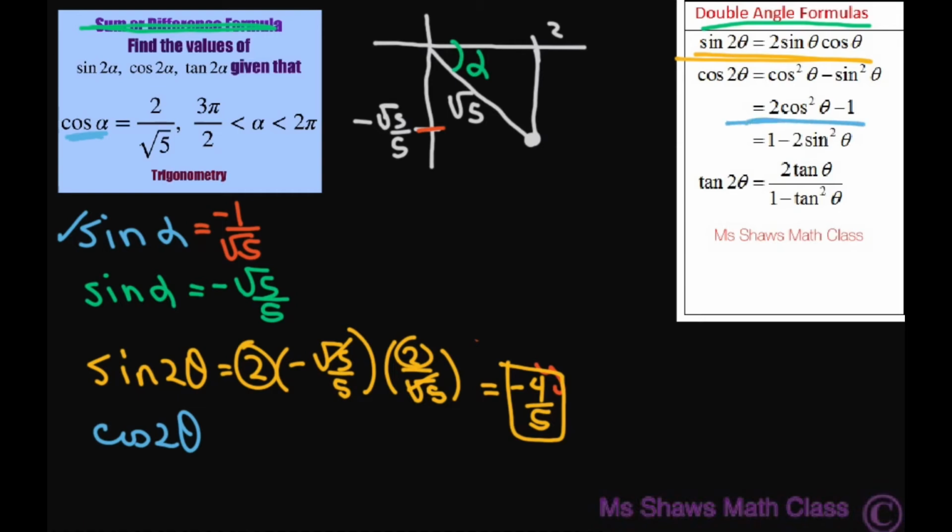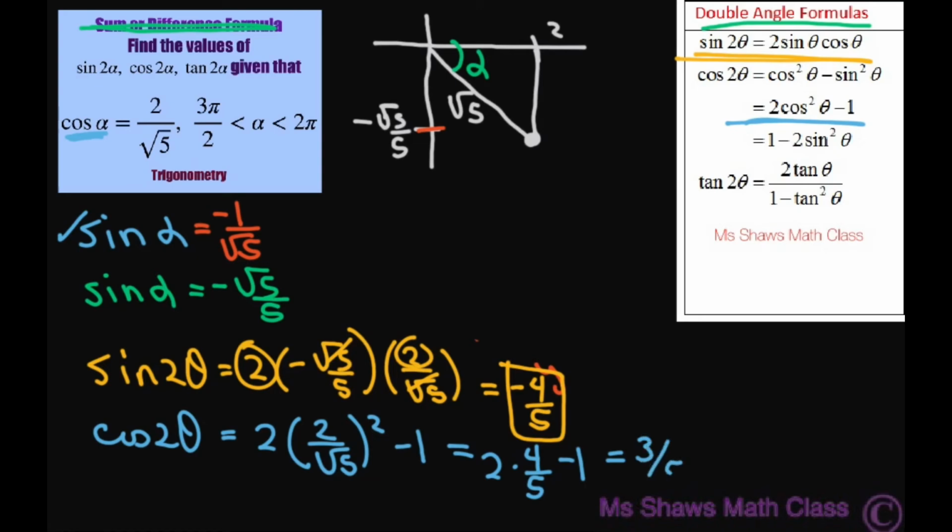Let's use this one. So that's going to equal 2 cosine squared. So cosine is going to be 2 divided by square root of 5 squared minus 1. This is going to equal 2 times 4 divided by 5 minus 1. And this is going to equal 3/5.